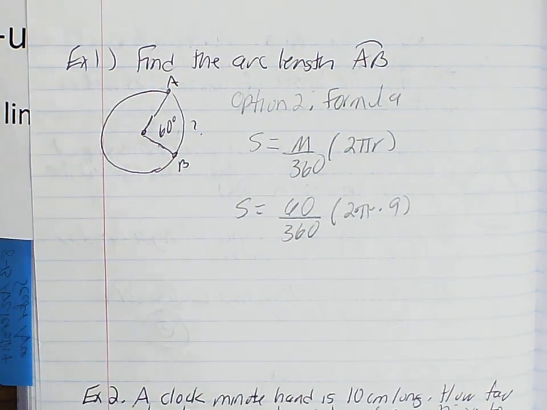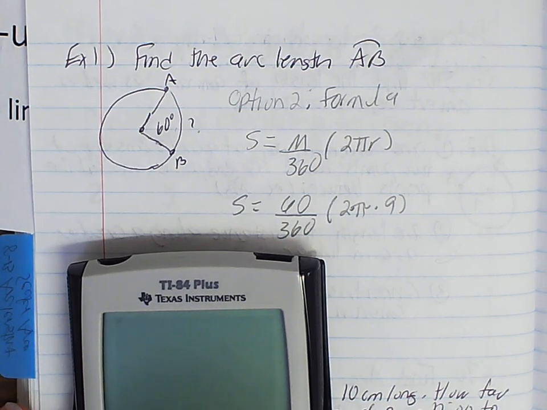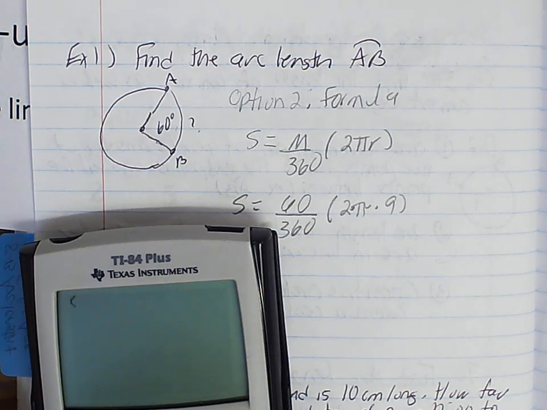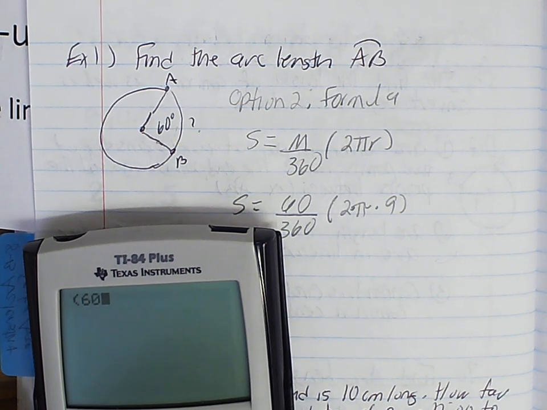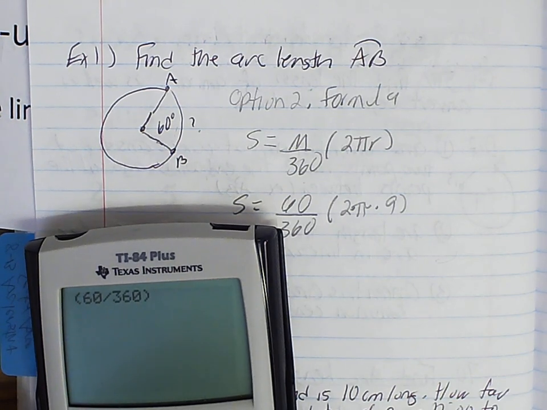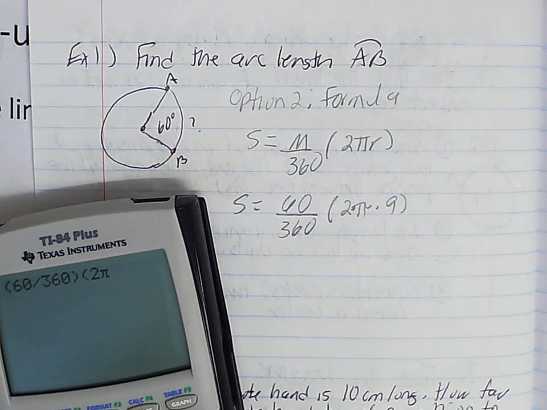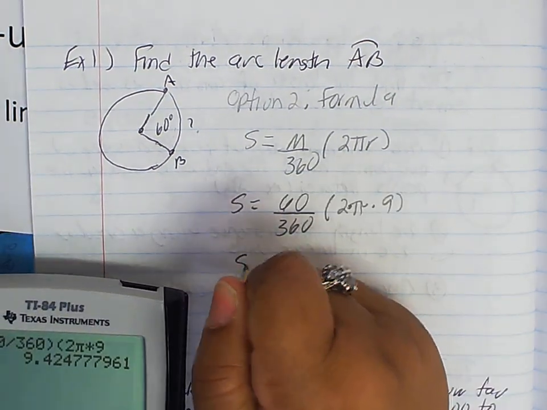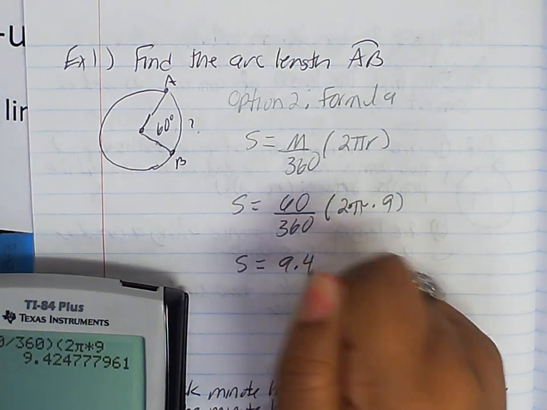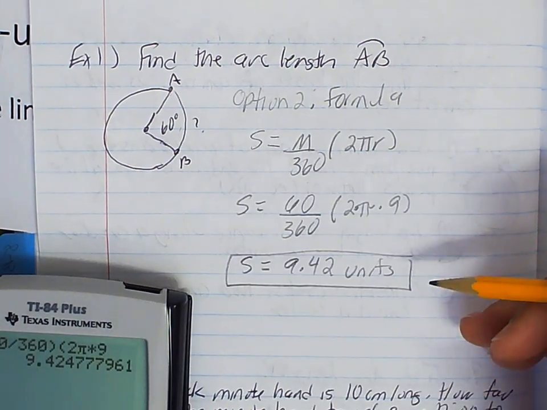You can either use the pi button or 3.14, so let's get our calculators out. 60 divided by 360 times 2 pi times 9. It turns out to be about 9.42 units. Just type it in the way you wrote it.